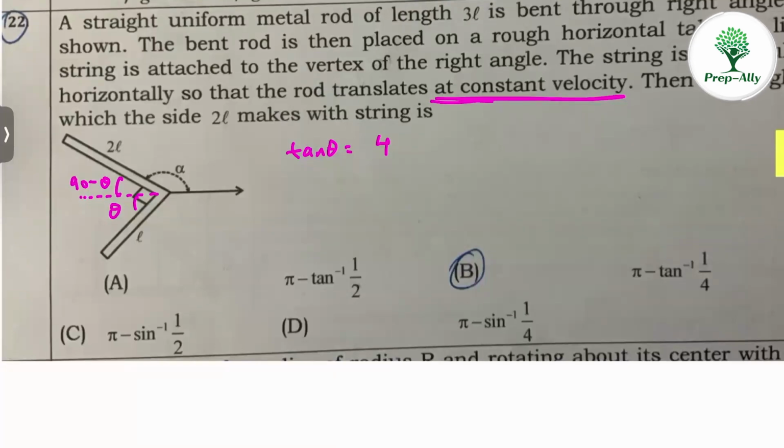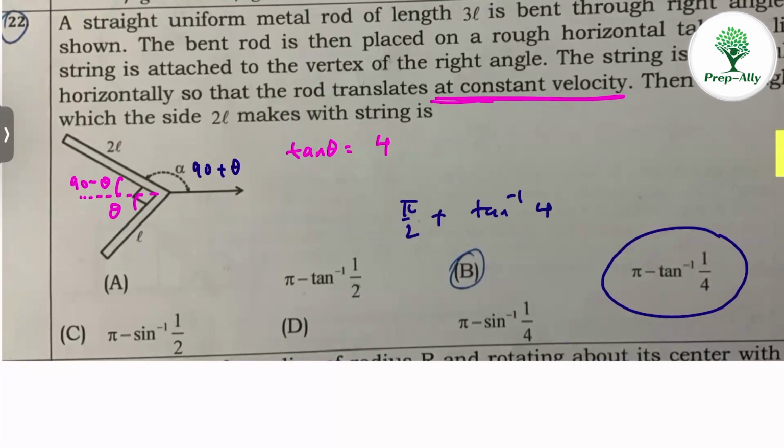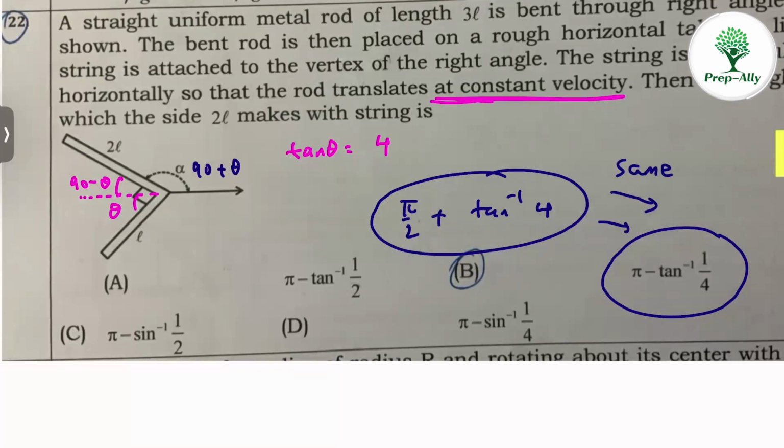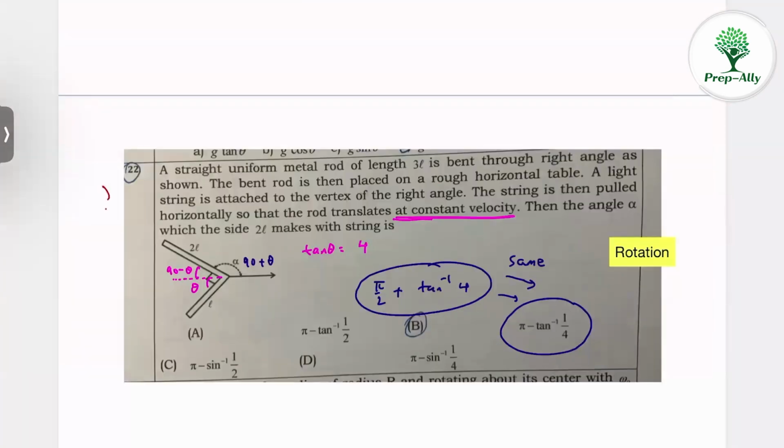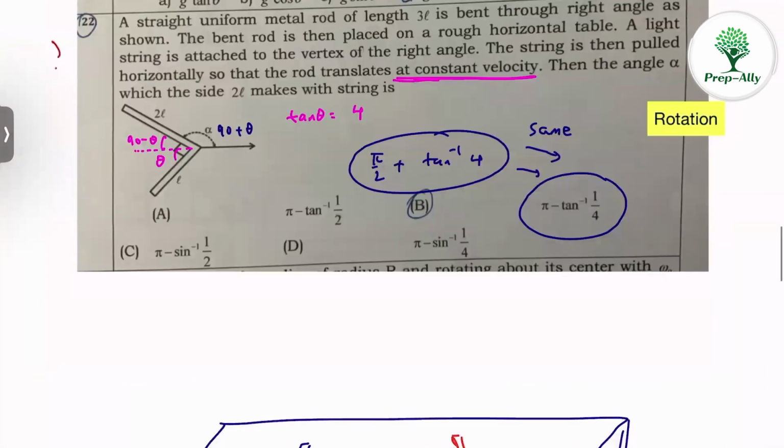So the required angle alpha is 90 plus theta. So pi by 2 plus tan inverse 4. Will it come out to be pi minus tan inverse 1 by 4? Yes, sir. Same or different? Same, sir. Any doubt in this? Sir, no, sir.